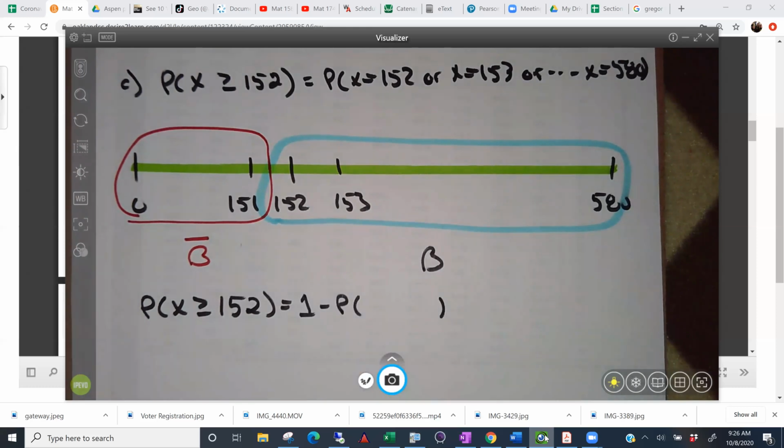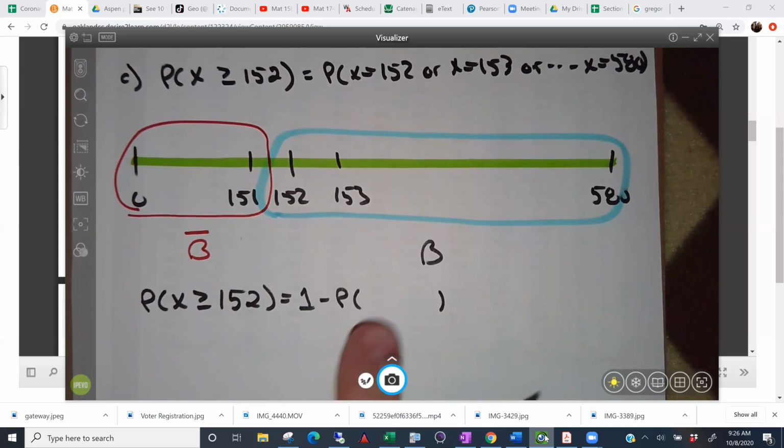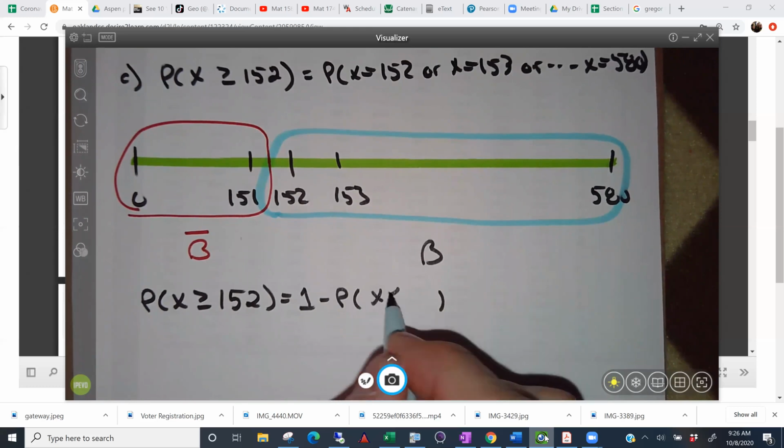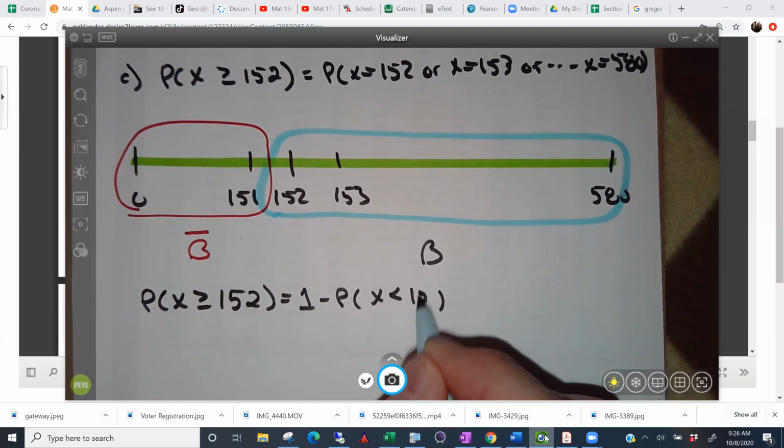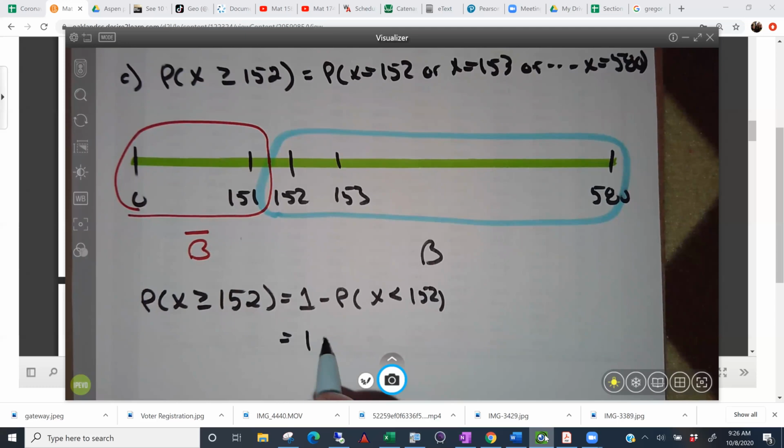What's that new probability? What would it be? X is smaller than 152. Good, X is less than 152. And in fact, because we're not including 152, that'd be X is less than or equal to 151.